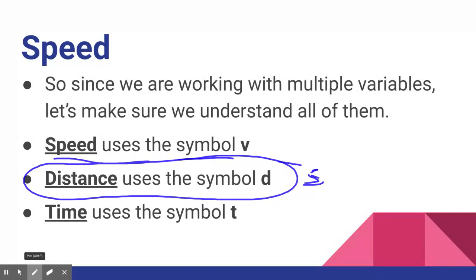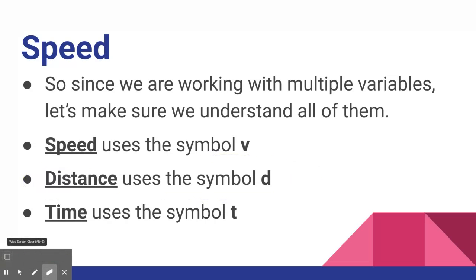So because they use that for displacement and distance, they don't use S for speed. They use V just because you can go between speed and velocity, between scalar quantities and vector quantities. And again, we'll get to that later. Just know that speed here uses the symbol V. That's what you need to know. So when you see V with nothing else around it, we're working with speed.